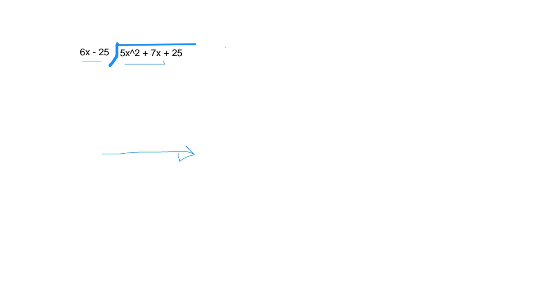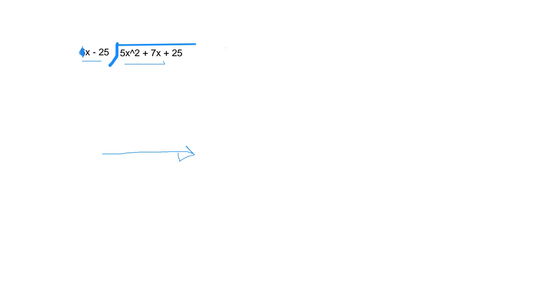Actually, let me change the number a little bit. Let me change this 6 to just x minus 25, because the fraction is too difficult to deal with. Just 1x.